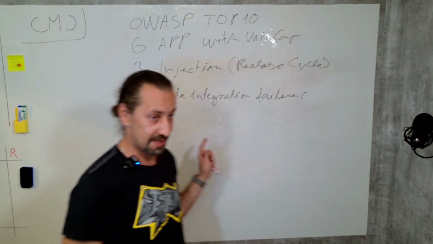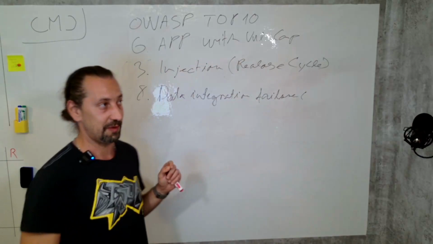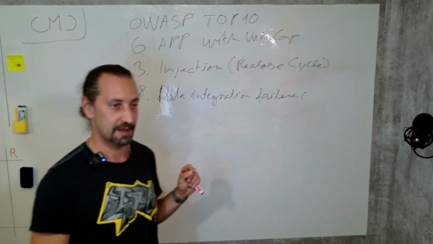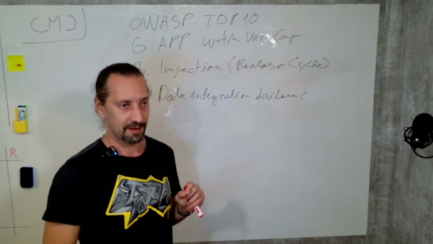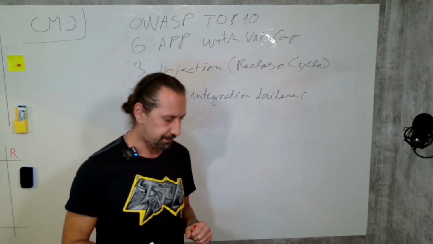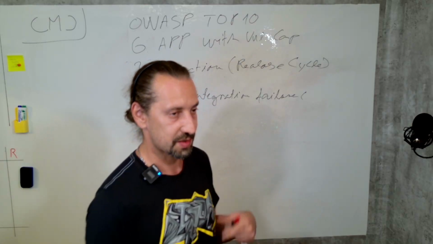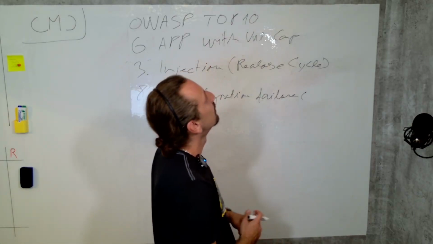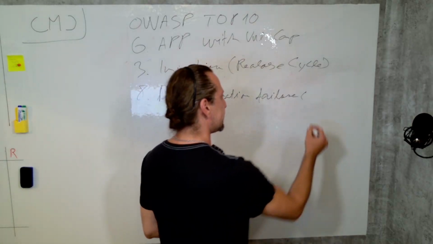So, if I see a server with more than 100 days uptime, then this will indicate that maybe this server is treated like, how is it called, a pet.